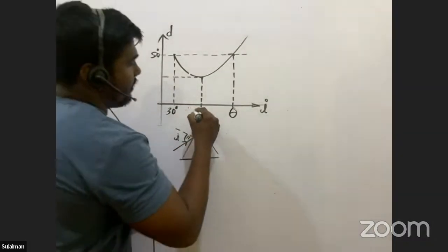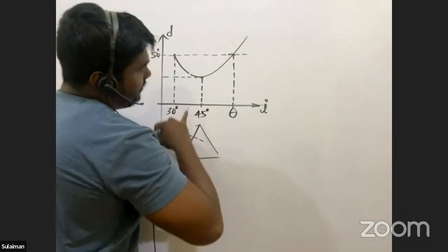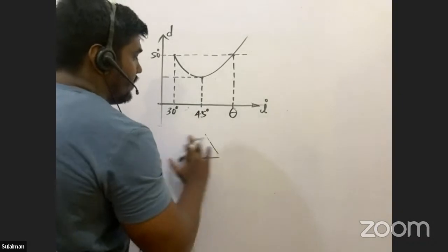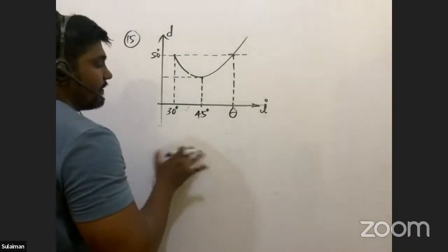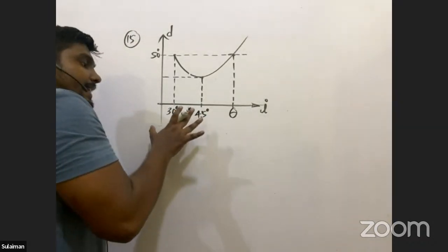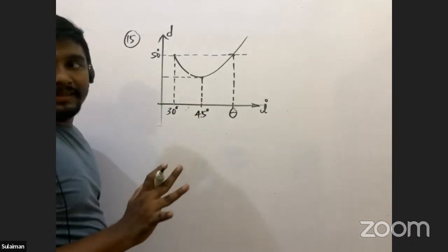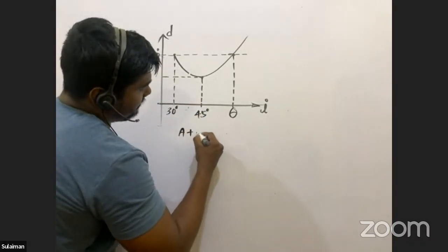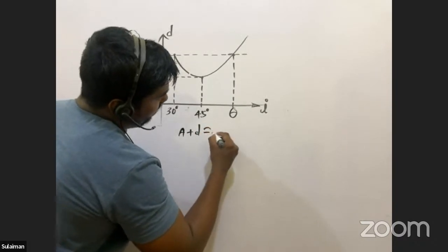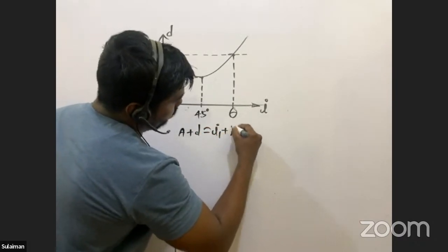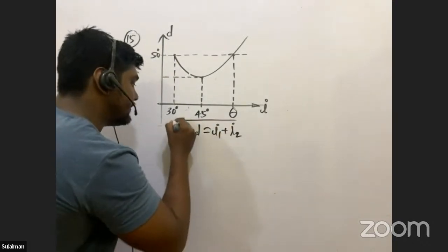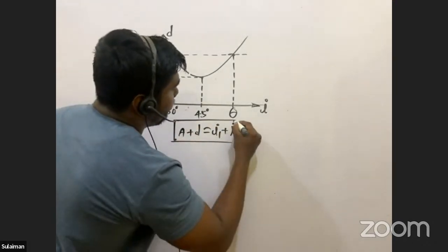Now this angle they have given is 45 degrees. Now basically we want to find theta. Can you remember, we derived some important things regarding prisms. Capital A plus small d equals what? I1 plus I2. This is one important equation we discussed in the prism part.